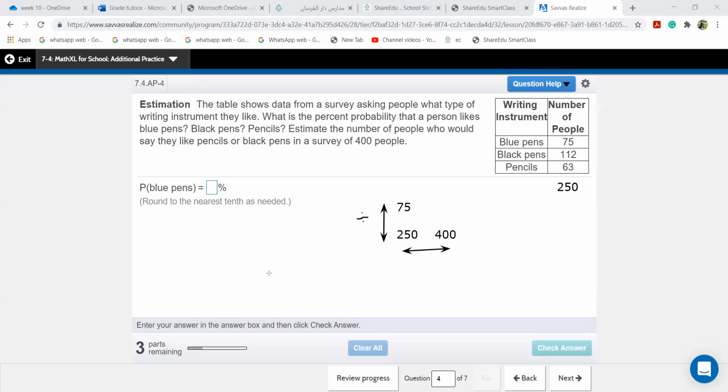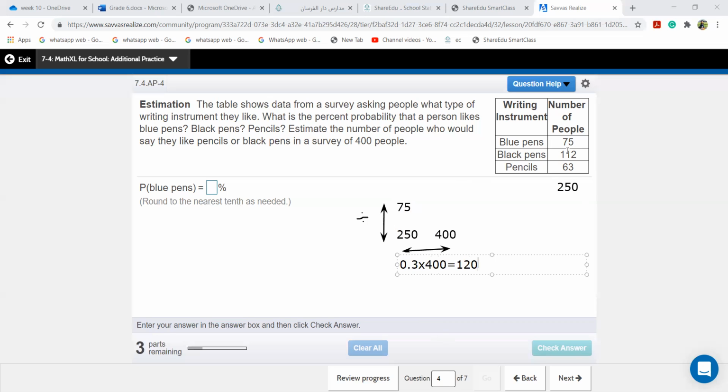Do you understand? So when I divide 75 by 250, I get 0.3. That I need to multiply with 400. When I take 0.3 times 400, I get 120. Again, girls, listen to the question. They said that the table shows probability.